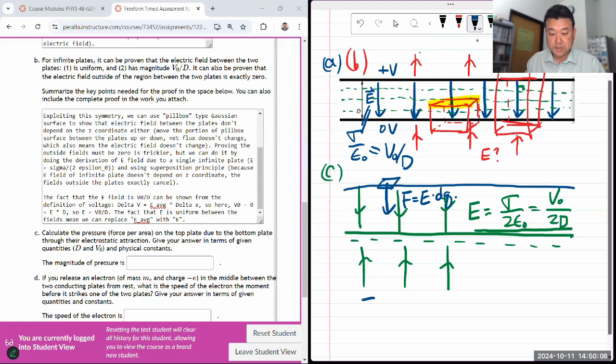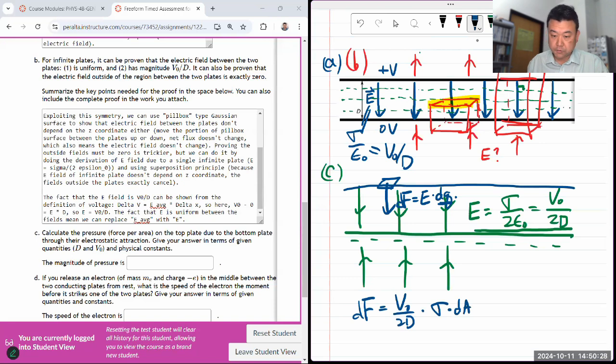So you can express the small amount of force on that as equal to the electric field V naught over 2D times the small amount of charge dq. That's going to be the surface charge density times the area, dA. So it mentioned the pressure. If I have dF divided by dA, this will be the pressure.